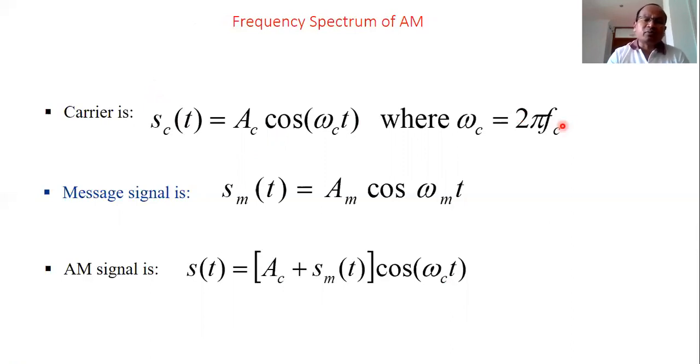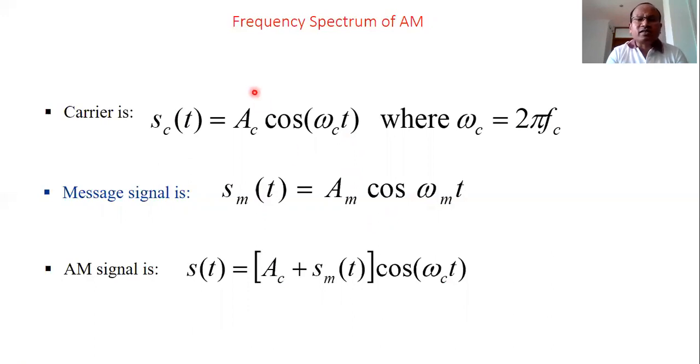We can write in terms of omega_c or in terms of fc. When we write fc, it's the ordinary frequency in hertz. When we write omega_c, it's the angular frequency in radians per second. So let us assume the carrier is Ac cos(omega_c t). The message signal s(t) is written as Am cos(omega_m t).